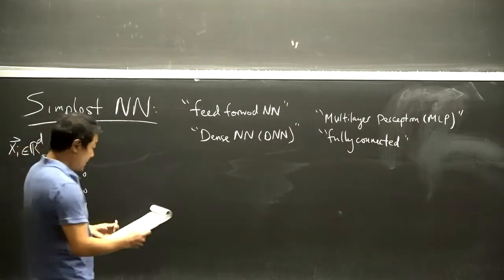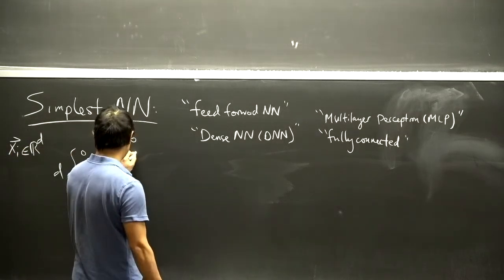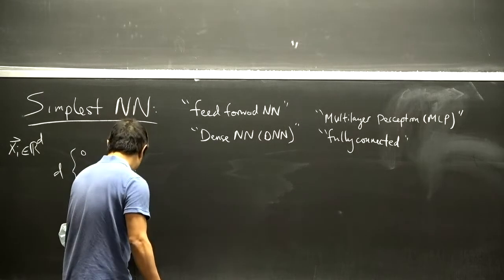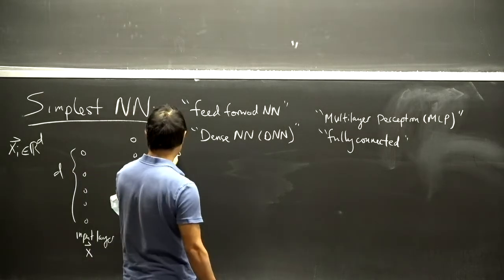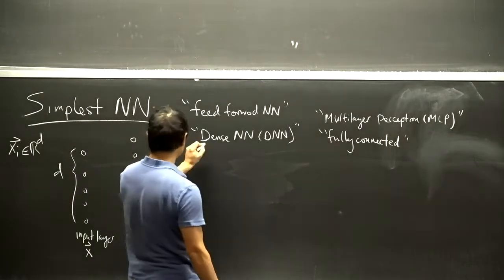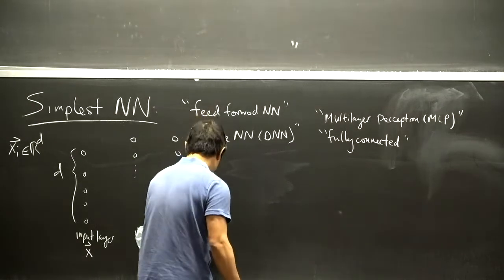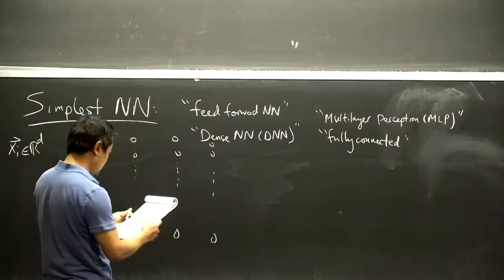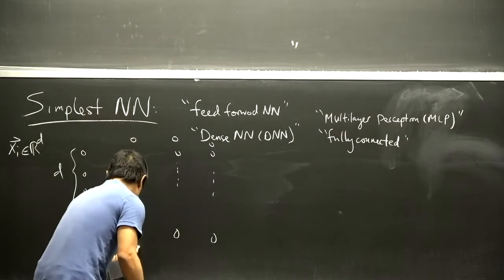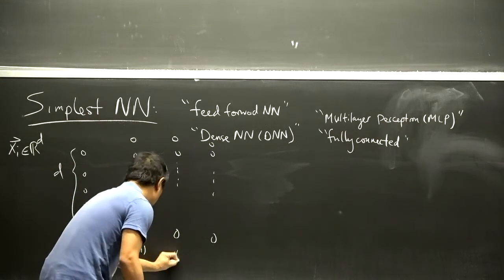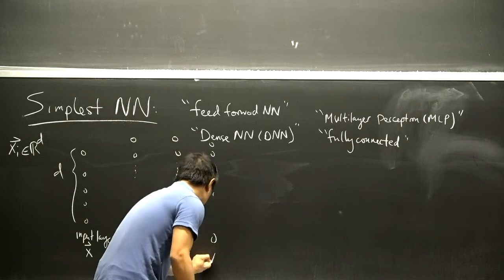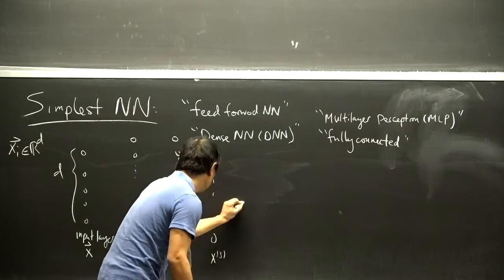And then the DNN has a number of what are called hidden layers, which have the same form. Each of these are called hidden layers, and I'll denote them with x1, x2, x3, and so on.